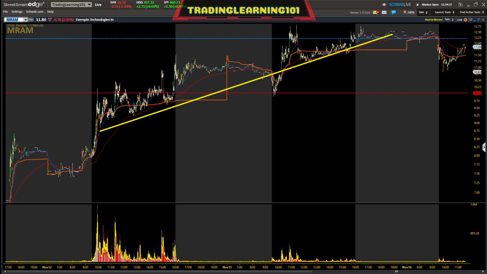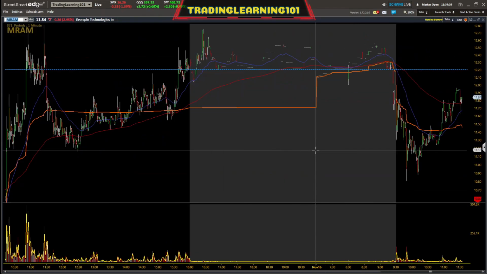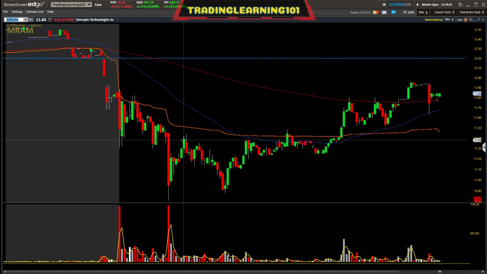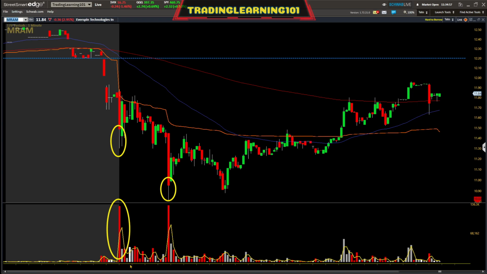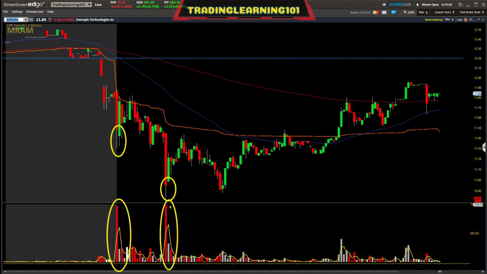So let's zoom in on that a little bit. We'll zoom in on this. Now, as we zoom in on this, and we know it just broke that trend line, and it's in a downward momentum. And as this stock pushes down lower, notice with every single push lower, the selling pressure that's attacking as the stock pushes down lower, right?